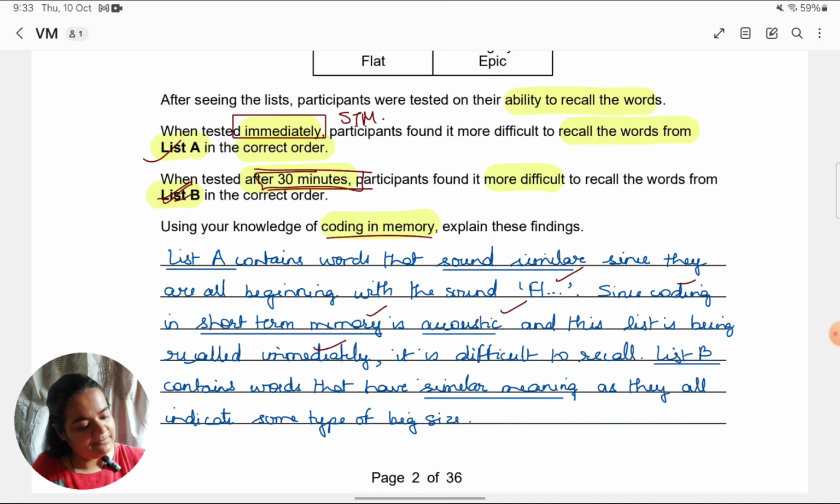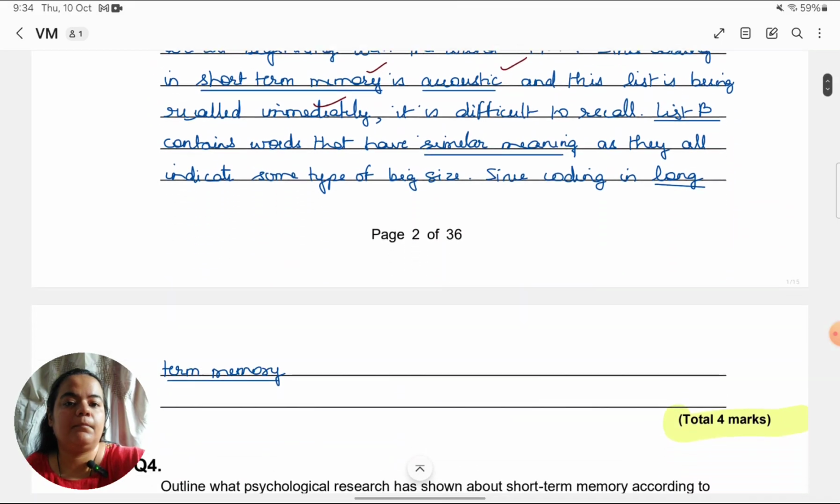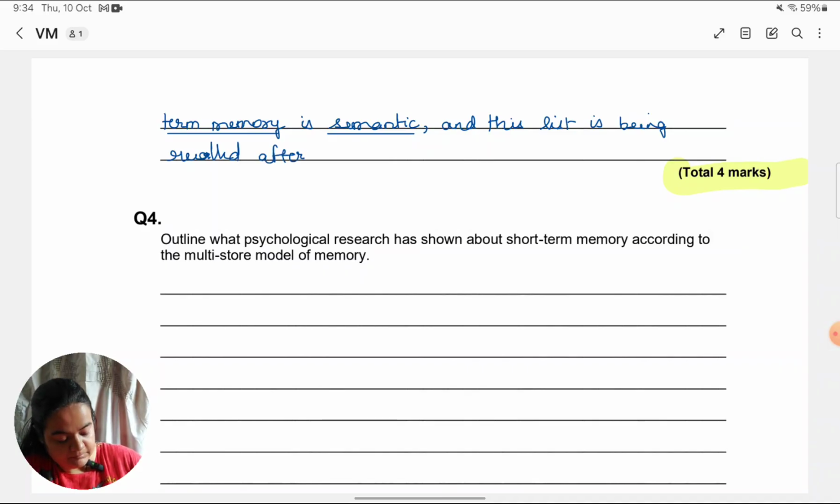Since coding in long term memory is semantic, and this list is being recalled after 30 minutes, it can be difficult to remember.